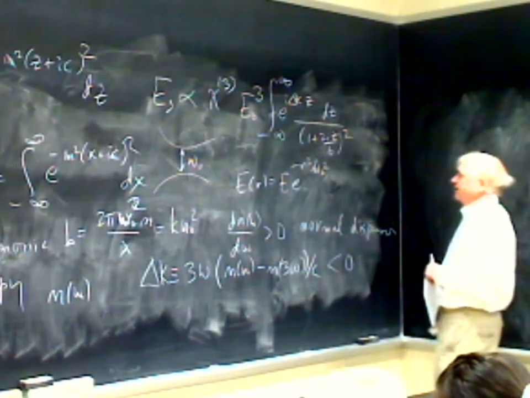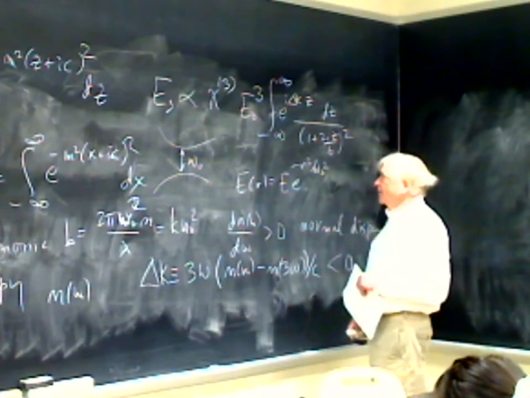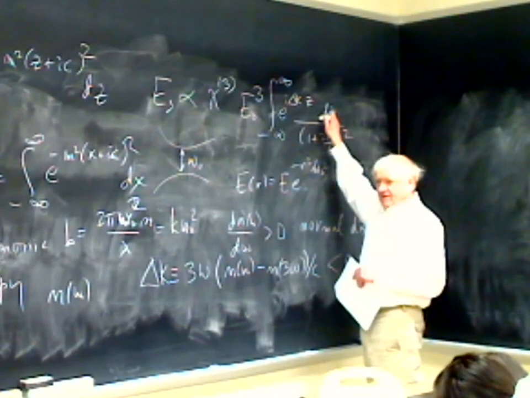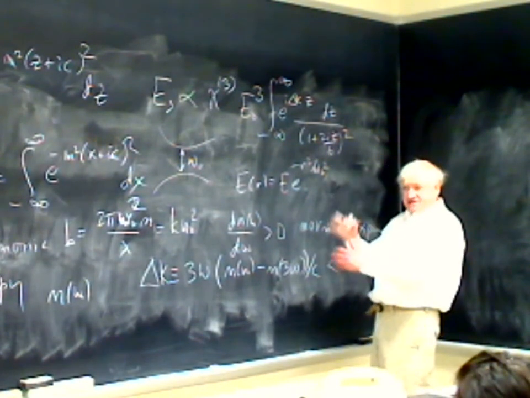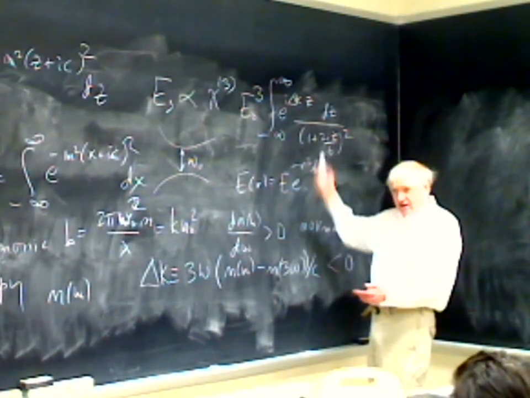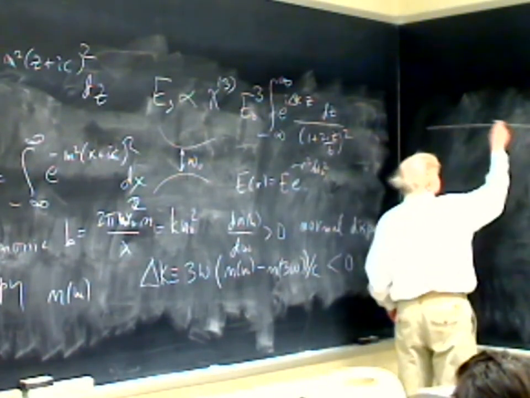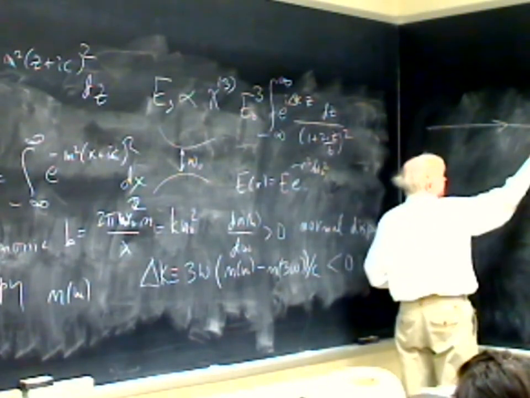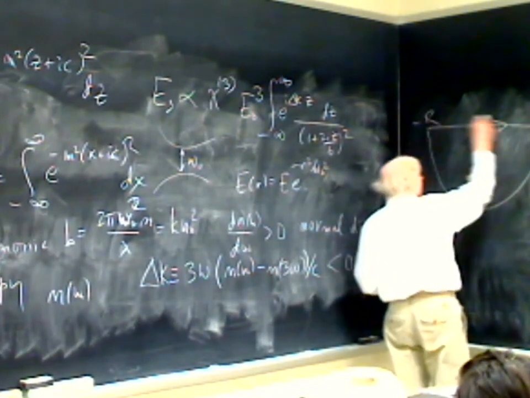Isn't z real in this case? Well, I started out with z real, then I promoted it. We start out really with an integration over x that's real, and I promote x to a complex variable z, and then I add a ghost contour. So the original integral goes from minus infinity to plus infinity. Then I add a ghost contour, or let us say from minus r to r.